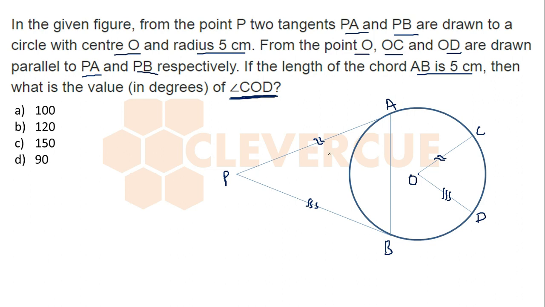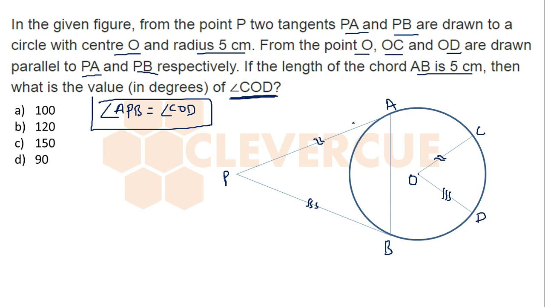Now since PA and OC are parallel and PB and OD are parallel, the angle APB will be equal to angle COD. So if we find the angle APB, that will be our answer.